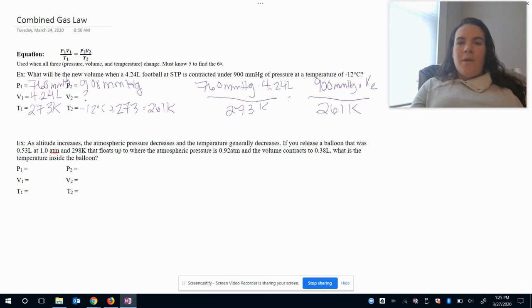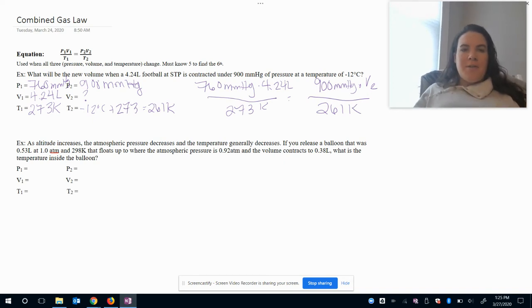And the way most people prefer to do these is to plug the left side of the equation into your calculator, plug the right side in, and then reduce from there. So if you type in 760 times 4.24 divided by 273, that will give you 11.8. So this 11.8 is the left side of the equation.